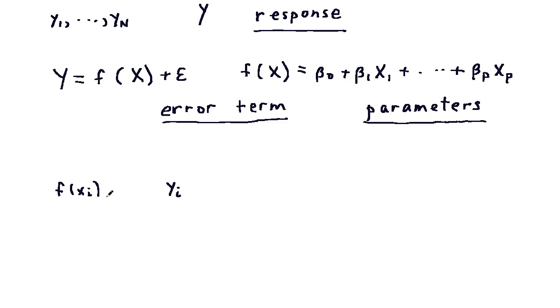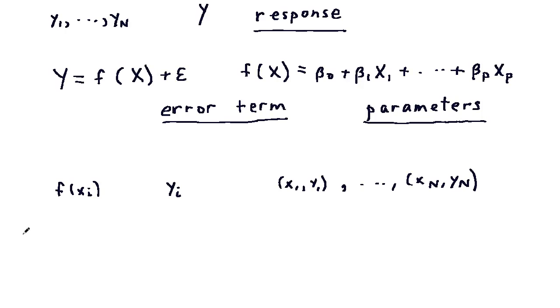Okay, so we look at the amount by which f of xi differs from the actual y sub i for each of the pairs x1, y1 through xn, yn. Okay, so this is the training data.